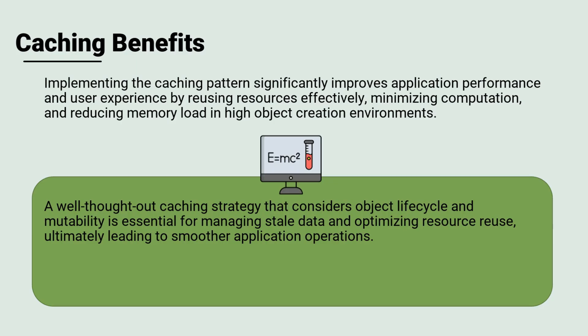It's imperative to design your caching strategy thoughtfully. Consideration should be given to how long objects need to remain in the cache, when they can be discarded, and how to handle mutability. One will often choose to integrate caching solutions as a layer within an application, facilitating better control over what gets cached and when. This allows developers to specify caching rules around object lifecycle and manage stale data effectively.